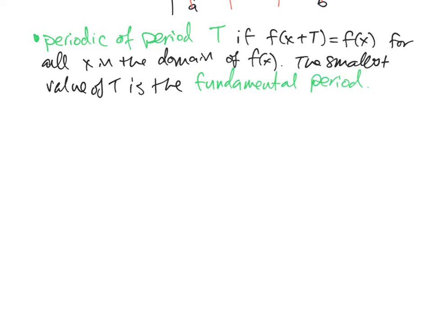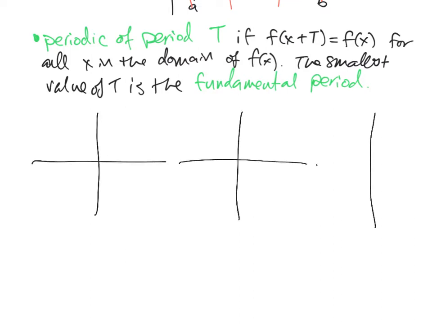The classic examples of periodic functions are sine and cosine, and they have period 2 pi. So let's draw that. I'm going to draw a couple of examples here, a few different axes. Let's start with sine.